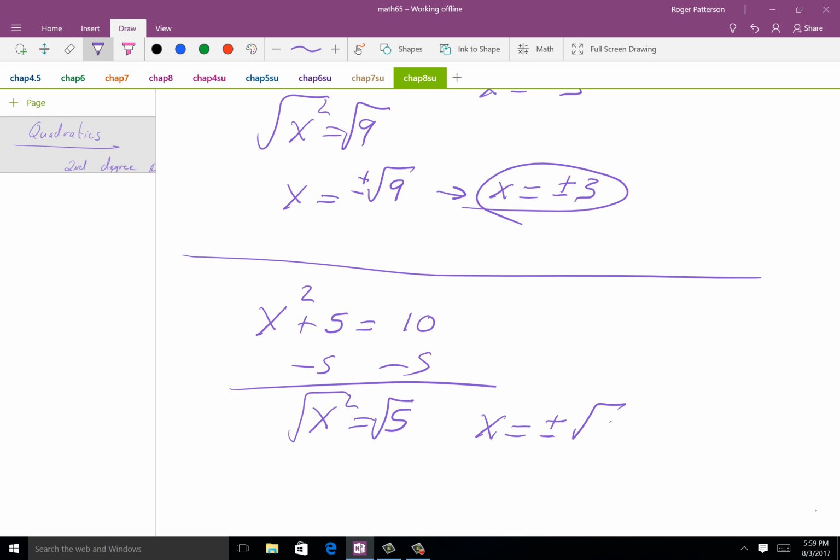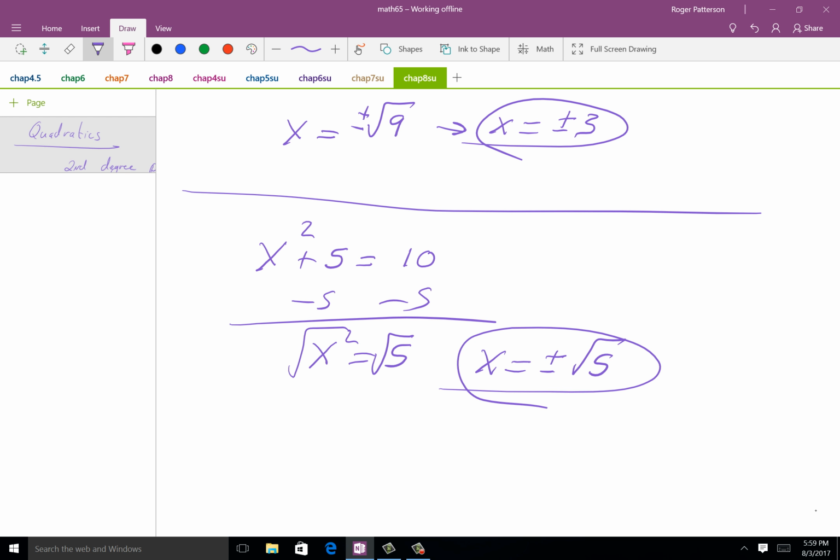Don't forget the plus or minus, and that's it. You could take the decimal part of that if you wanted to, or you can just leave it. This is an exact answer. And if you square rooted it, which is probably like 2.2 or 3, I think, that would be an approximate answer.